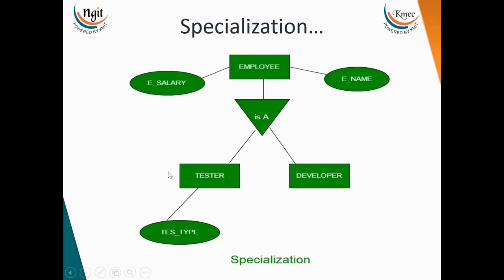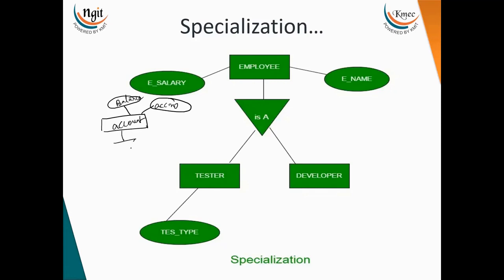Now let me take another example and explain what specialization is. I'm considering account, which is an entity, and for the account, we can identify the attributes as balance and one more attribute, account number.